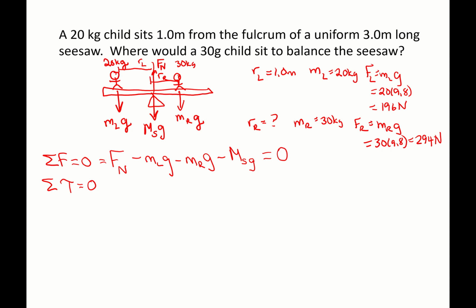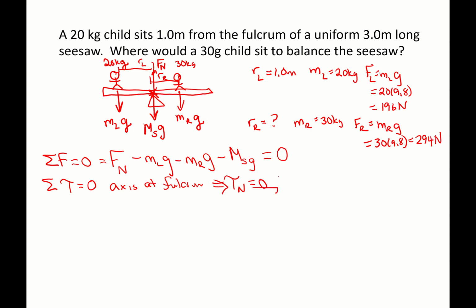So I want to put my axis where I have forces that I don't know. So I know the weight of the 2 kids. So let's put the axis at the center of the seesaw, so at the fulcrum. And then that means that the torque from the normal force will be 0.